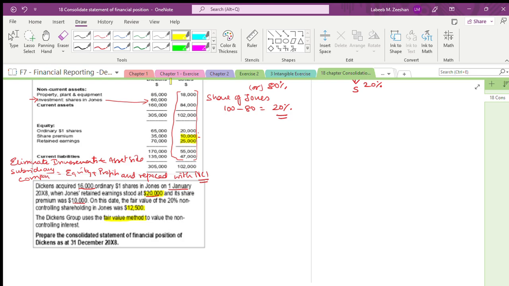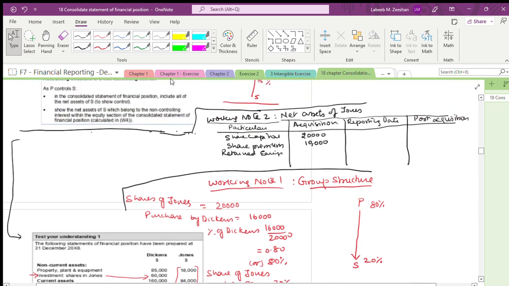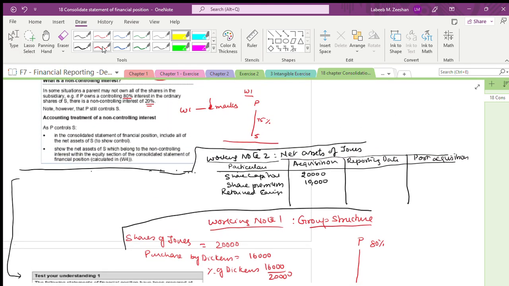In the example they can mention 25. That means it includes post acquisition and pre acquisition, the total retained earnings. But as on the date when they purchased, the retained earnings are 20,000. So we have to take 20,000.